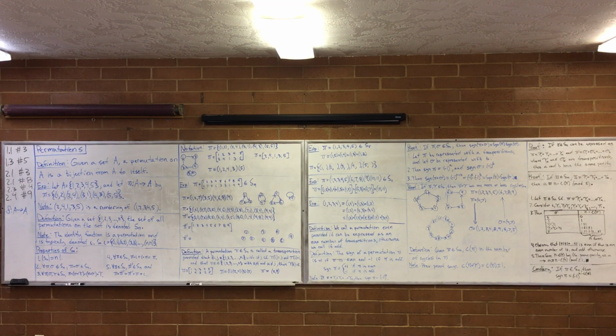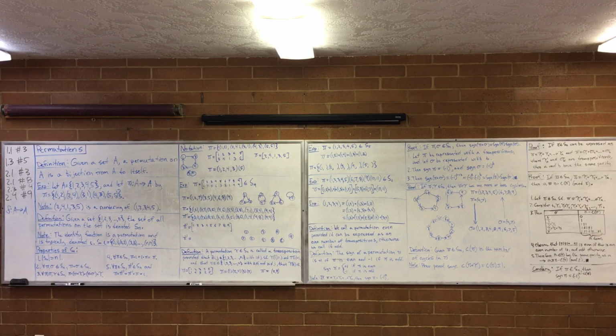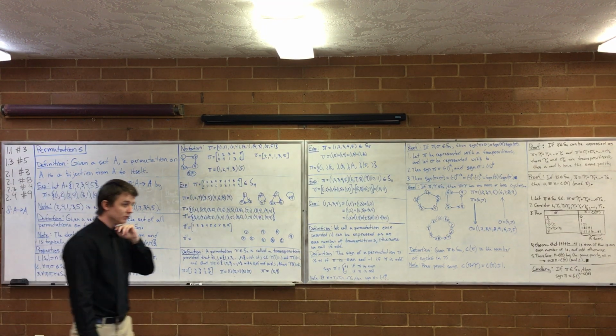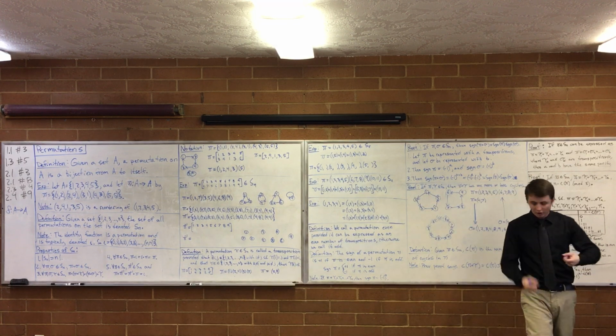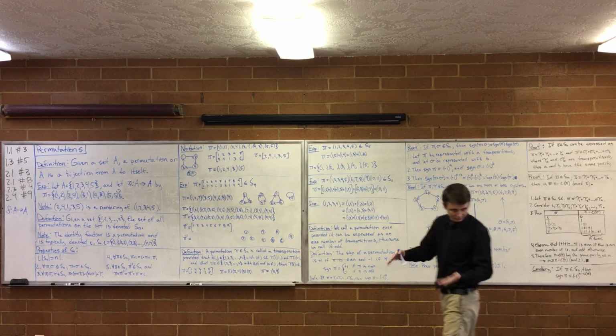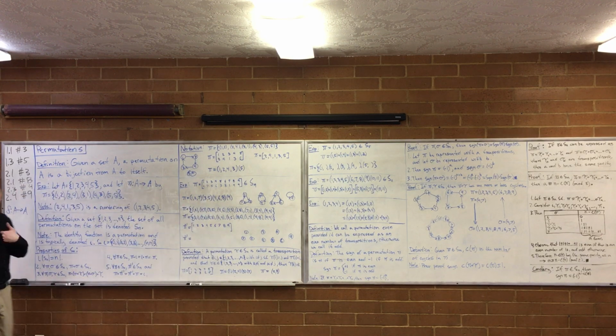Okay, so now let's talk about some properties that this set has, S sub n. So I do have one question. How do you denote the set of all permutations on a different set? Is there a way to do that? Well, you can always just say let this be the set of all functions from A to B. I mean, we've already used verbiage like that in the past lecture.